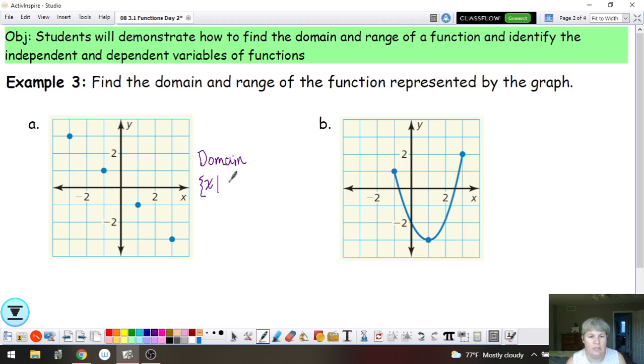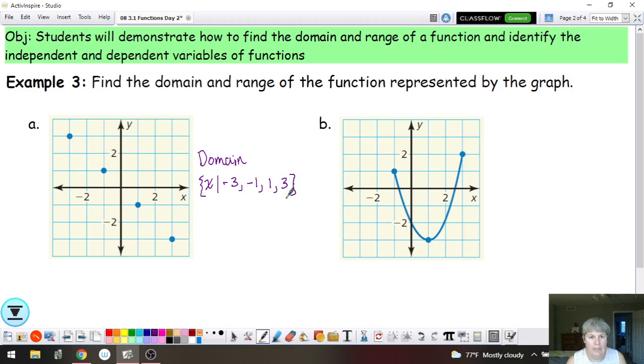I believe it looks like this in the book. X values of, so we have an x value for this point over here on the left of -3. This next point on the left has an x value of -1. Then we have an x value of 1. And we have an x value of +3.